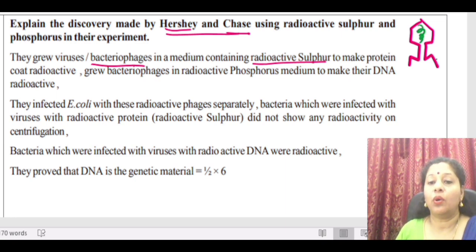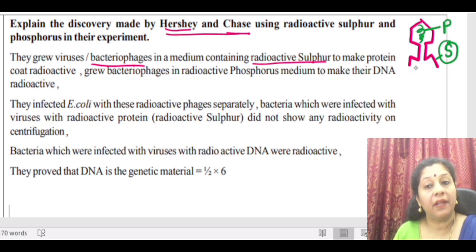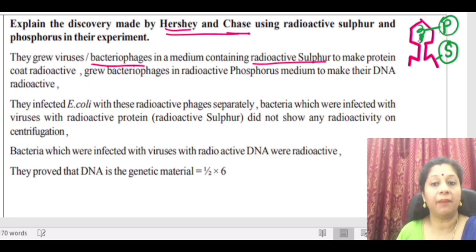The outer coat is made up of protein, which contains sulfur, whereas the inner genetic material is DNA, which consists of what? Phosphorus. So if you grow them in radioactive sulfur, this protein coat will take up the sulfur and become radioactive. And if they grow the virus in a medium containing radioactive phosphorus, which part will become radioactive? The DNA will become radioactive.